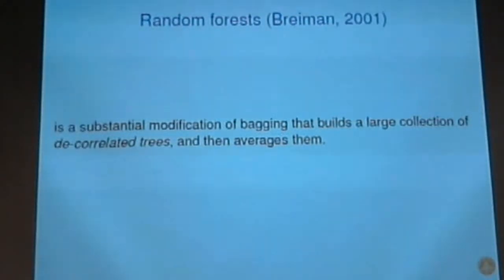Correlated trees end up boosting the training error and the generalization error as well. So that's the idea they came up with in this method, random forest: try to decorrelate trees.